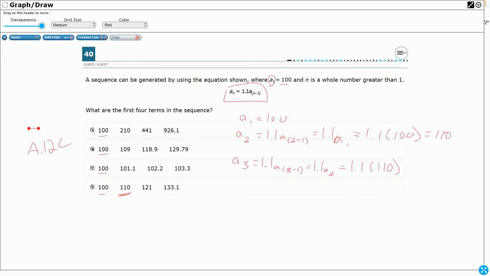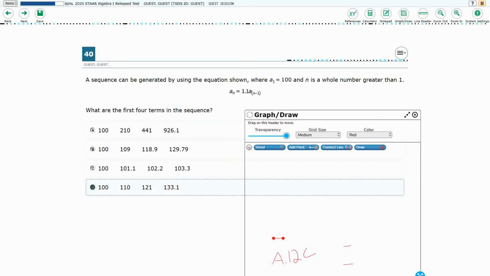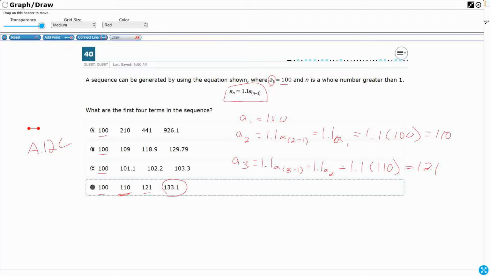Once you have the initial term, you're just multiplying 1.1 times the previous term to get the new term. That's all we're doing. And so that's going to get us 121. And that's as far as we can go with whole numbers. Then it gets into decimals. We get 133.1, and we'll continue to get decimals there. But that's our answer.